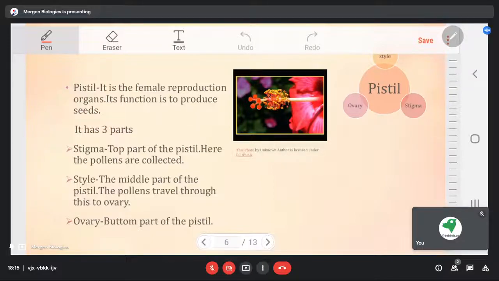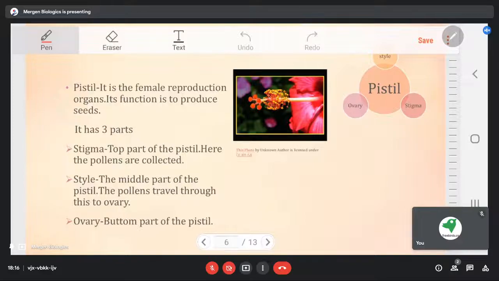But a pistil can contain more than one carpel, that is more than one stigma, style, and ovary. Just remember, carpel is the singular form and pistil is the plural form of the same thing. As I told you while dissecting the flower, the pistil or the carpel contains 3 different parts: stigma, style, and ovary.